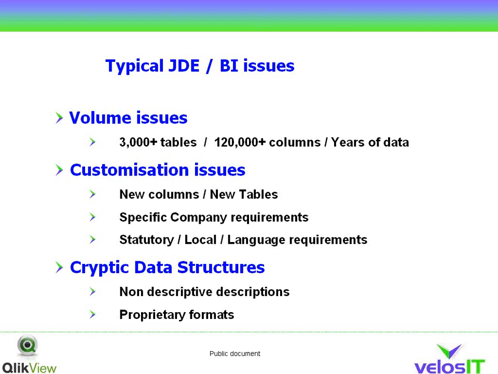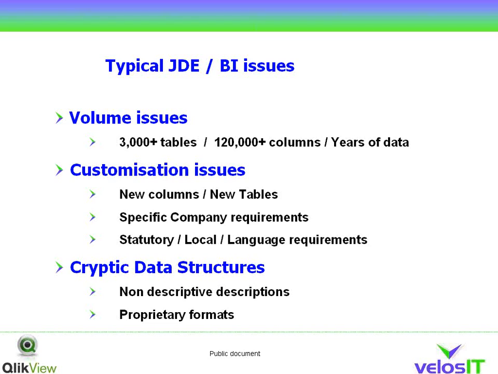If we then look at business intelligence from a JD Edwards perspective, probably like most other big ERP applications, there's lots of complexities in there. There's volume issues. Most of the JD Edwards systems that we support have over 3,000 tables in them, over 120,000 columns, and multiple years of data.